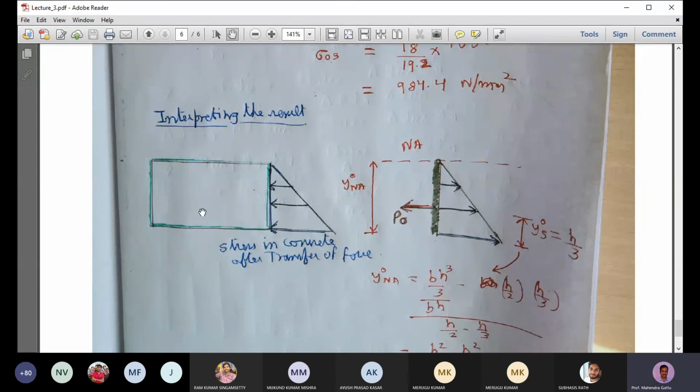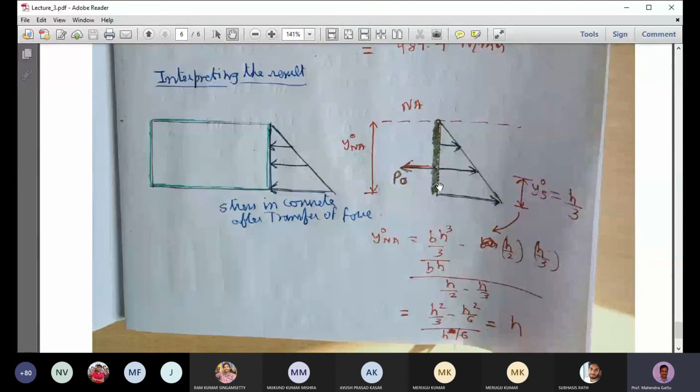And here the tensile force is in the steel, and it will try to shrink, so that shrinking is exerted to the left on the plate. So this is the state of stress in concrete, and on the rigid plate, this is the state of stress, and this is the force coming from the tendon.